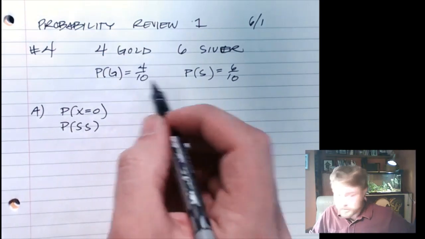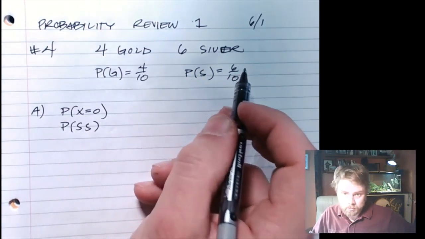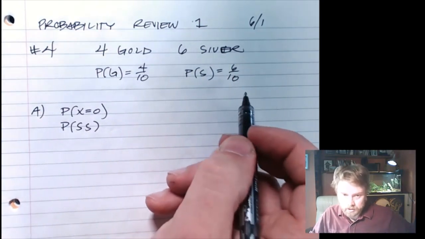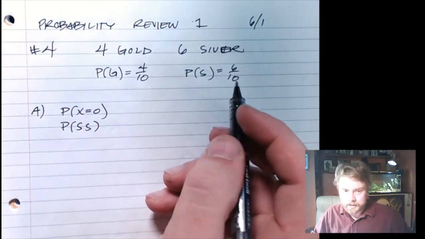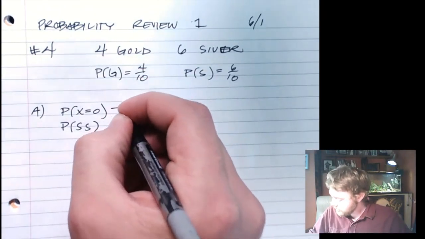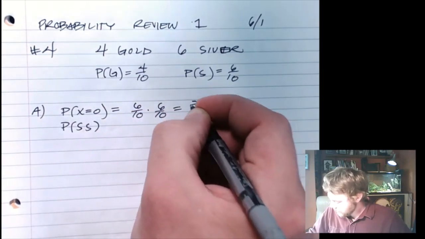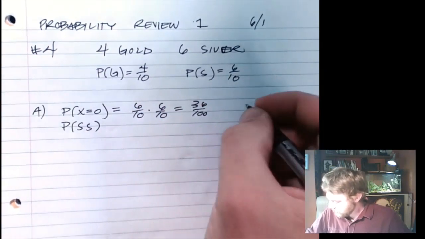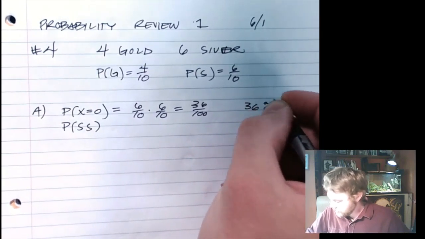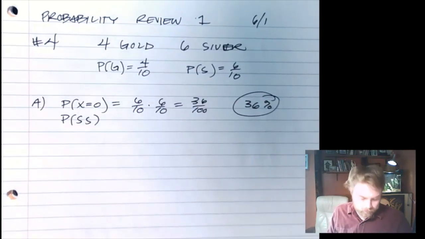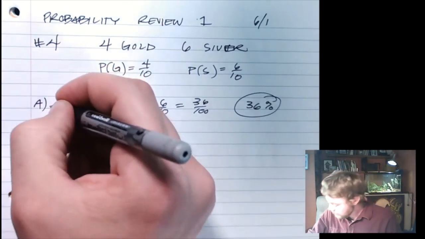And these are independent. We're just going to take 6/10 multiplied by itself, since we put the silver ball back in and it could potentially redraw it. So 6/10 times 6/10 is 36/100, or 36%. That's part I.